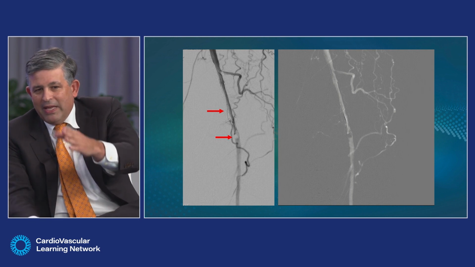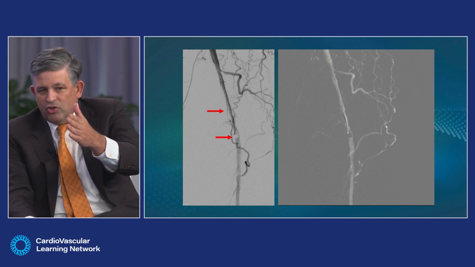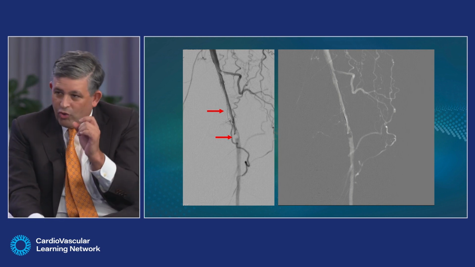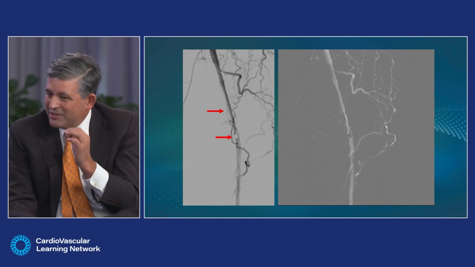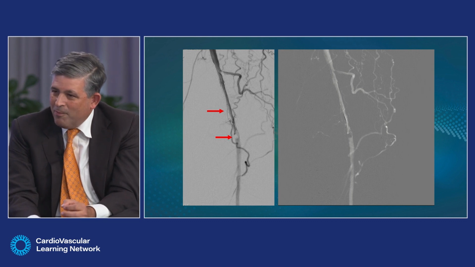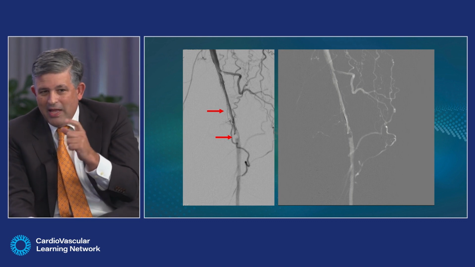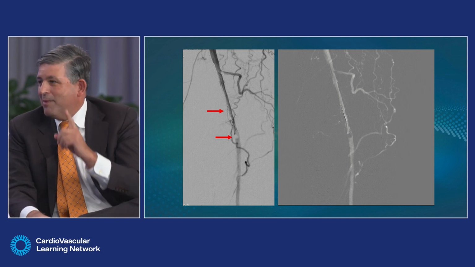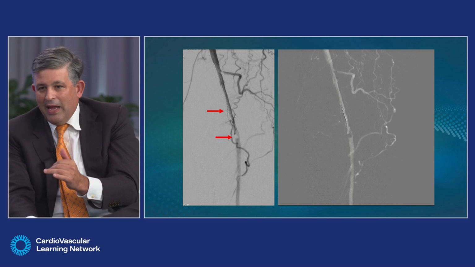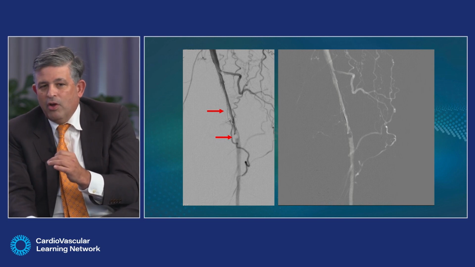When I'm looking at a system like this, a lot of times you're looking at something rapid exchange, so it doesn't give you that much help to cross a lesion. I learned that on this case, because it didn't look that tight, but it was tight. I got the wire to cross and down, and now I had to cross the balloon.